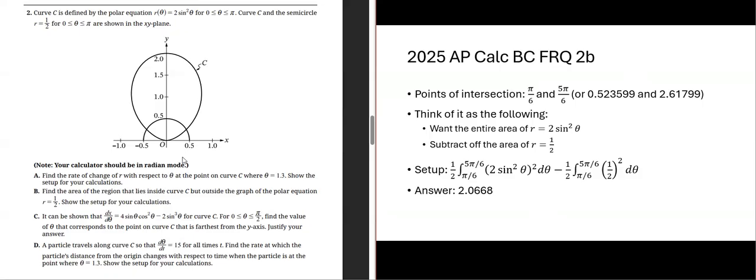We want the area inside the curve C but outside this semicircle. So basically, we want to integrate C from pi over 6 to 5 pi over 6, but then we'll have some of this area up here.